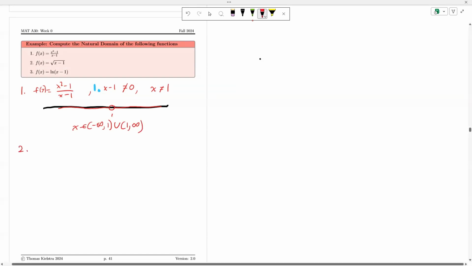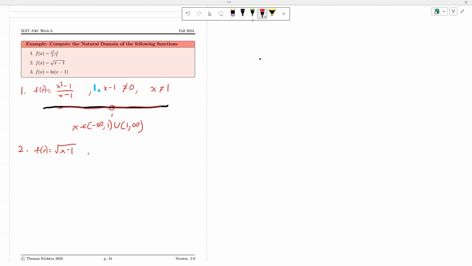Let's take a look at our second example. f of x equals the square root of x minus 1. Well, here, because of my second rule, x minus 1, the expression inside, cannot be less than 0. Well, the opposite of less than 0 is greater than or equal to 0. So x minus 1 is greater than or equal to 0.